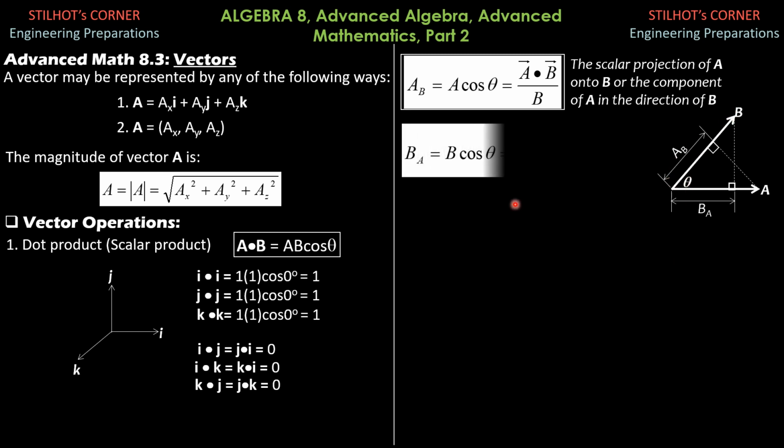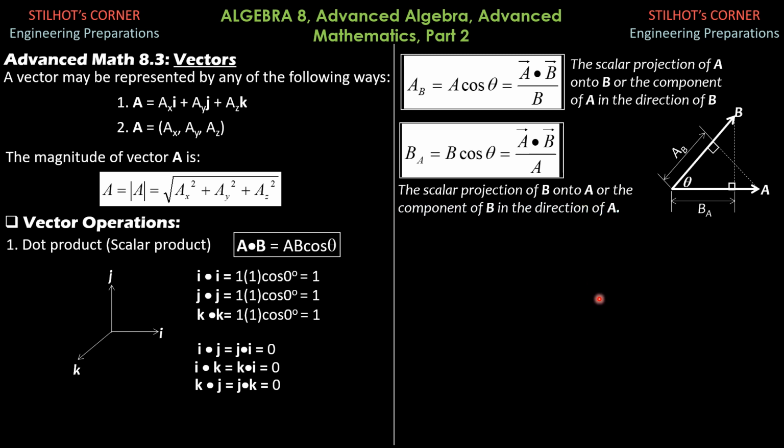So B sub A, which is B cosine theta, is equal to A dot B divided by A from here. So A dot B over A. And that's the scalar projection of B onto A, or the component of B in the direction of A. So that's for that product.